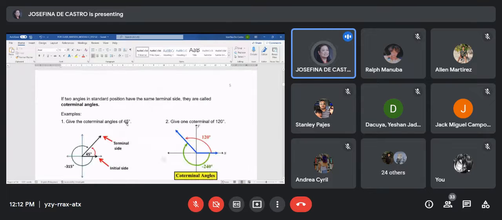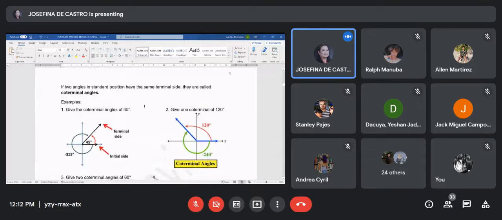And then we also discussed the meaning of coterminal angles. So when we say coterminal angles, two or more angles having the same terminal side, same position of the terminal side. Okay? And coterminal angles are also infinite for a specific given.